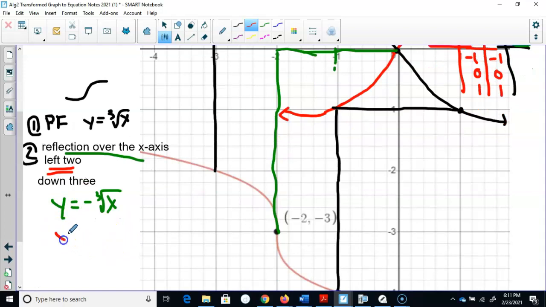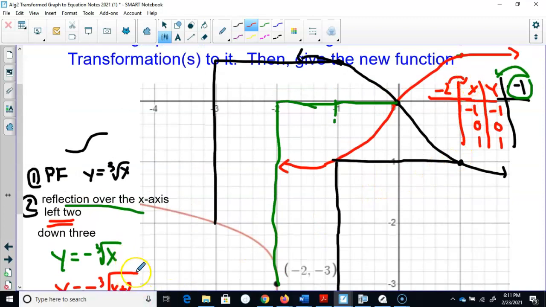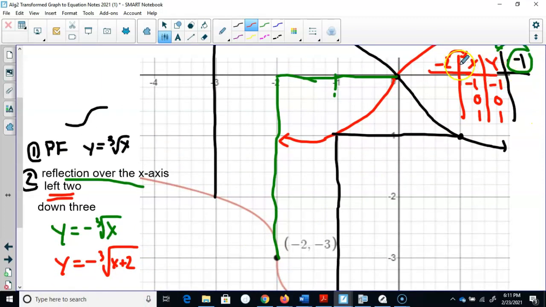So let's rewrite it now. y is equal to negative cubed root of x plus 2. Again, when I see what's happening inside, it's the opposite to x on the table. So I'm going backwards now. The table went to the left 2, minusing 2 to the x, so I add 2 inside that grouping symbol, that cubed root of x.